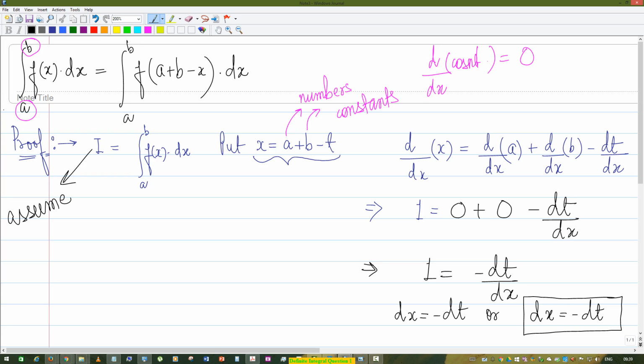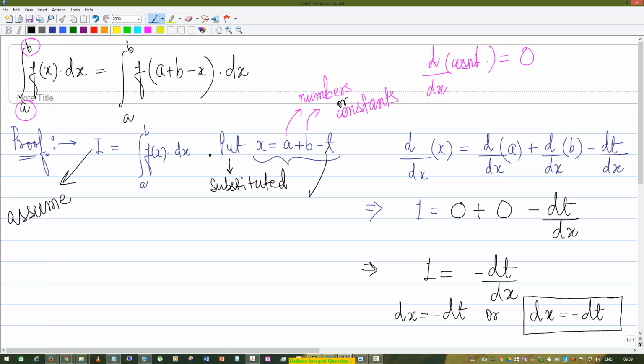Now what I did was I substituted x with a plus b minus t, wherein a and b are merely numbers or constants.